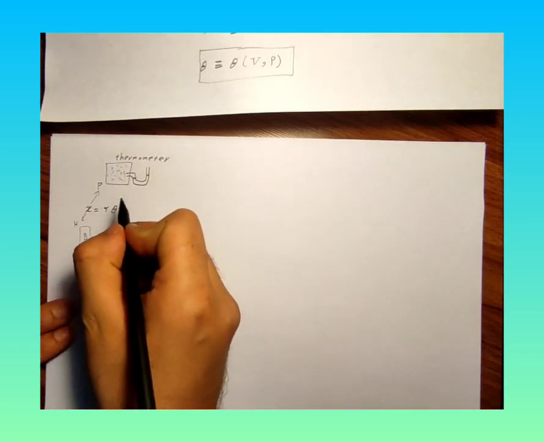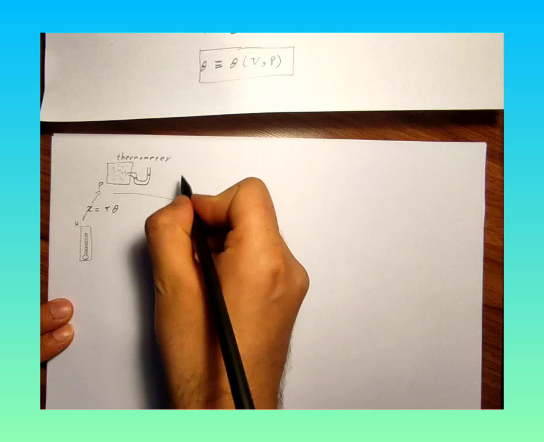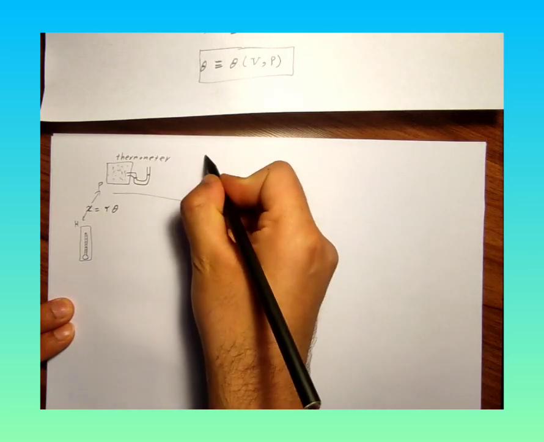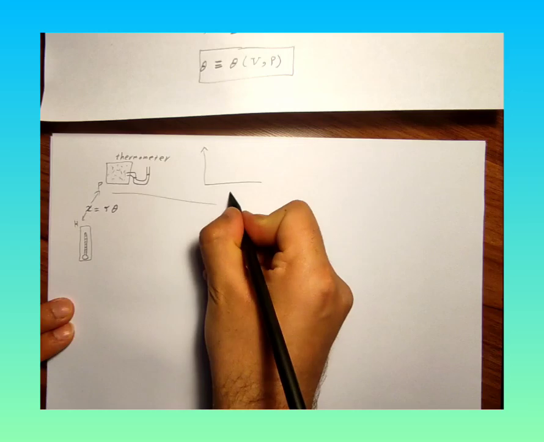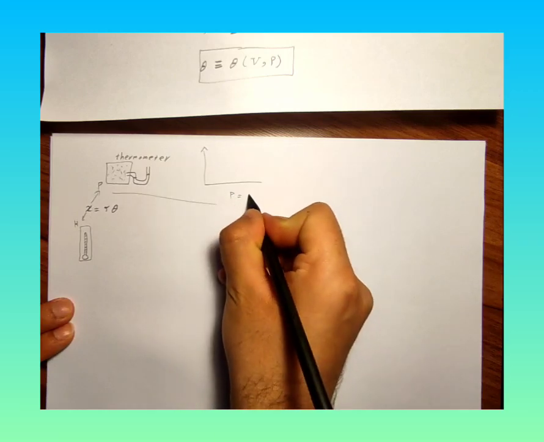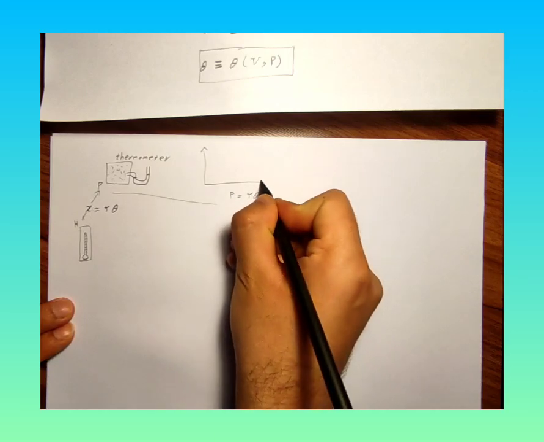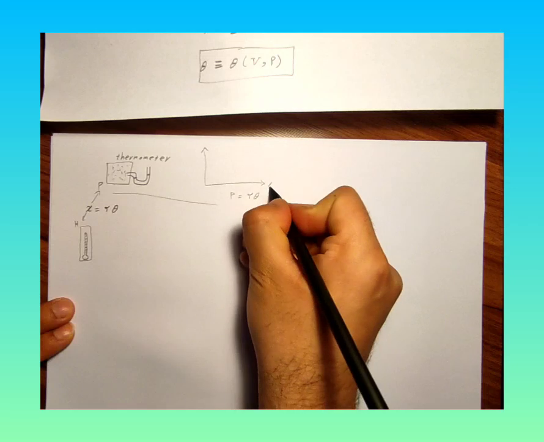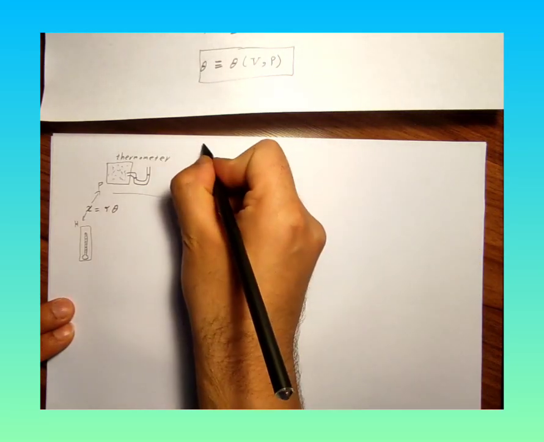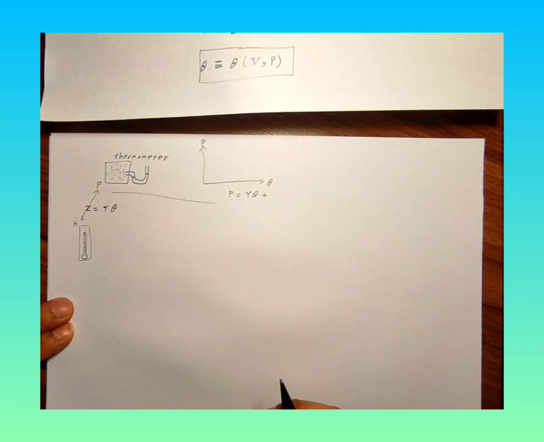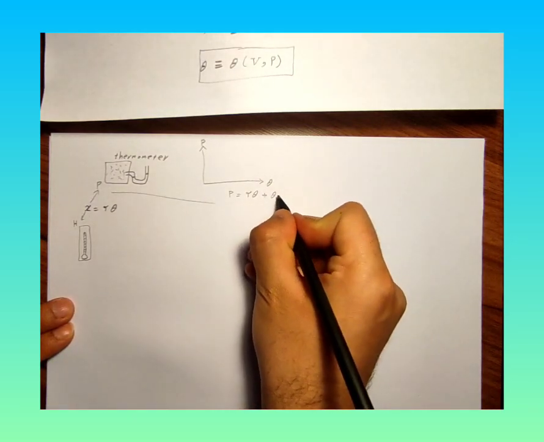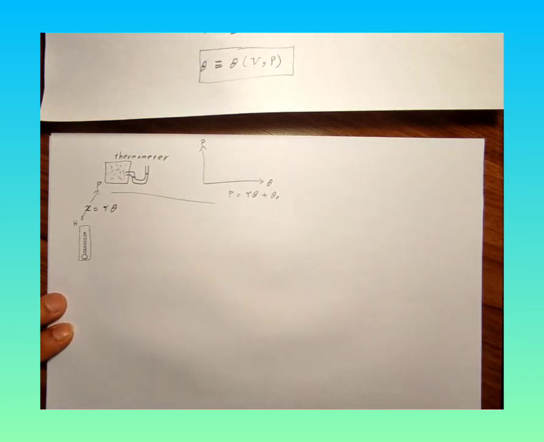Okay, now I want to talk about these gas thermometers. So we have here P equal to alpha theta. Actually, it's better to have some theta 0. It's a line.